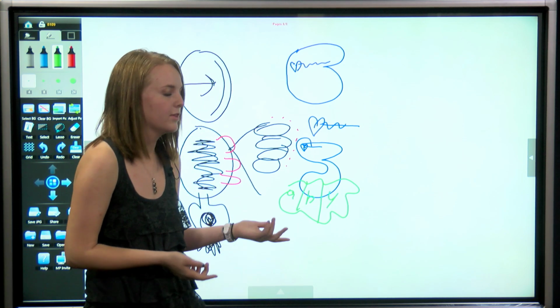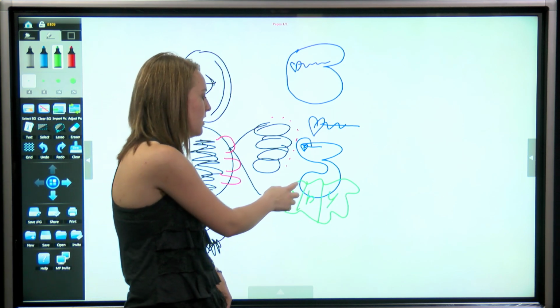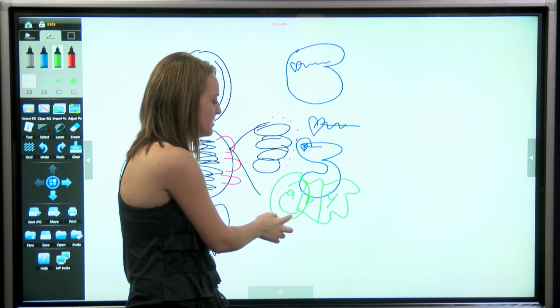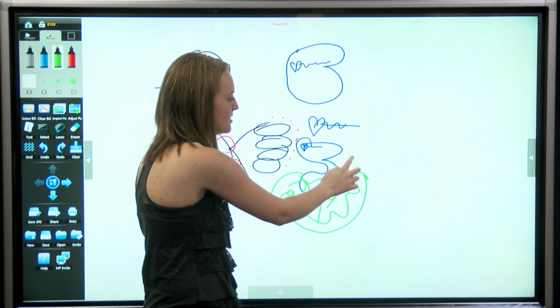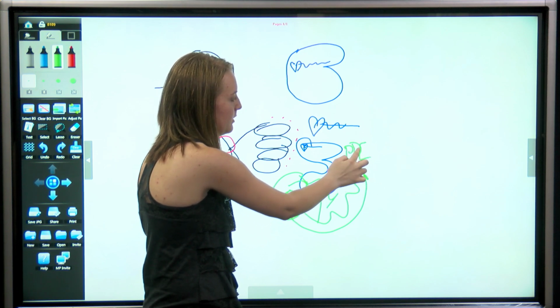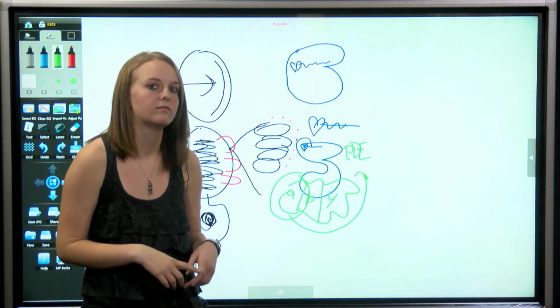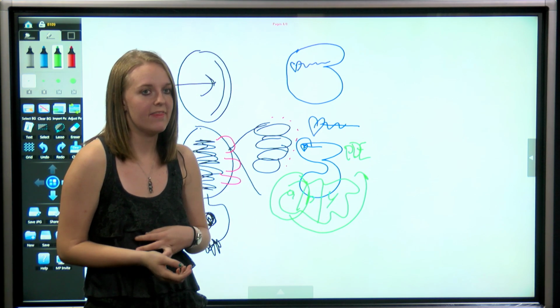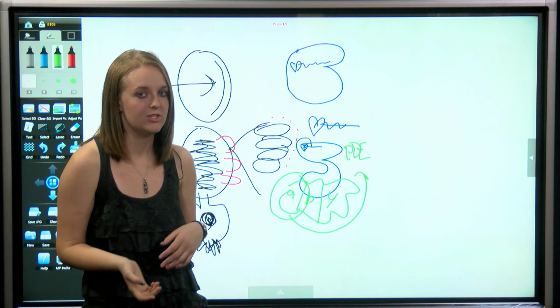And what happens is when the rhodopsin changes shape, it's going to cause the alpha section to separate and go join up with something called PDE. Well, PDE is called phosphodiesterase, and that is an enzyme that breaks down cGMP.